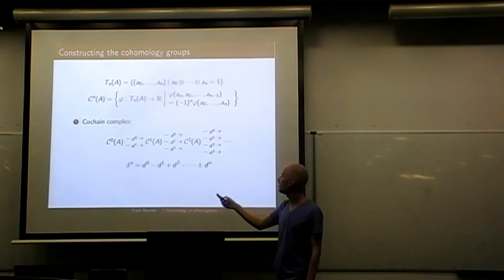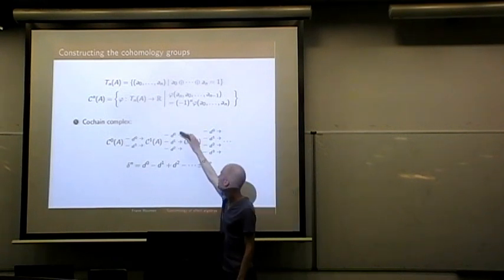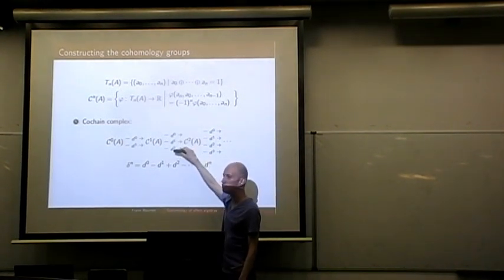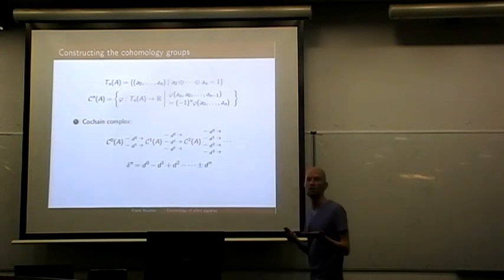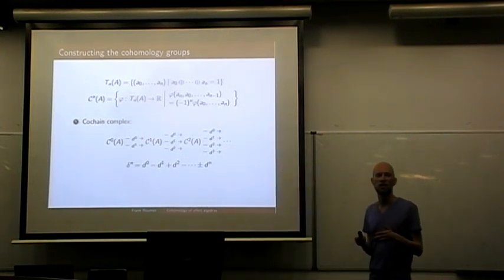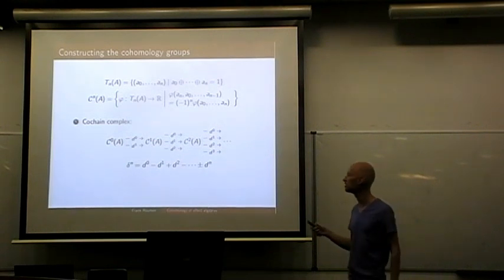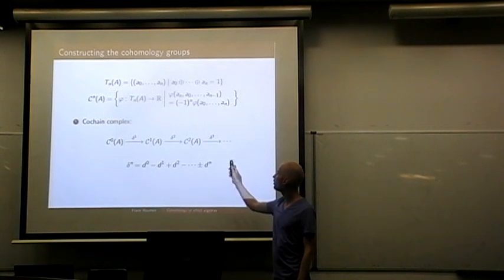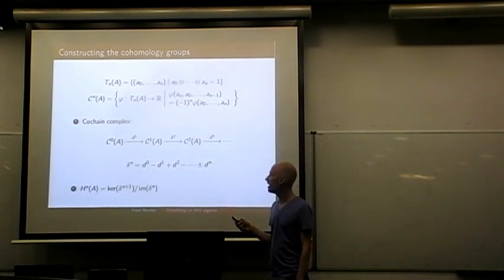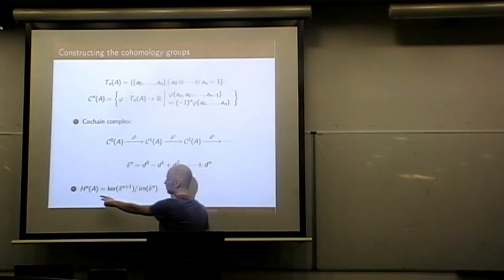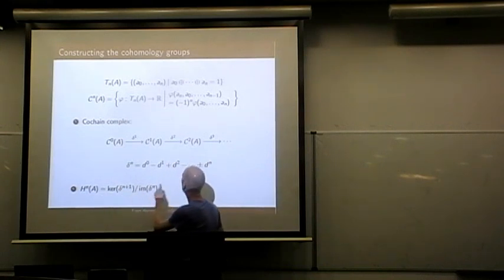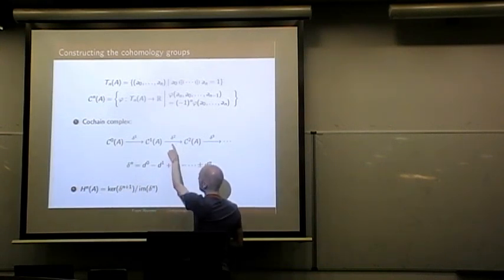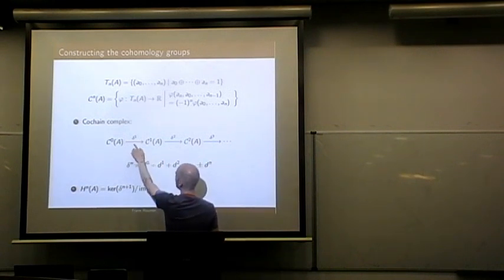And then we can take an alternating sum over these maps. For example, here we would take d0 minus d1 plus d2. There's a technical reason for this, because this is something that's commonly done in cohomology: you always need those alternating sums. So now we have a single map between all those sets of cocycles. And then we can define the nth cohomology group as the kernel of one of these maps, divided by the image of the previous one.